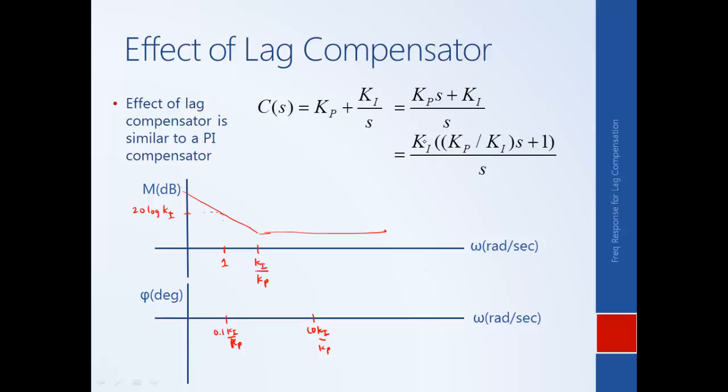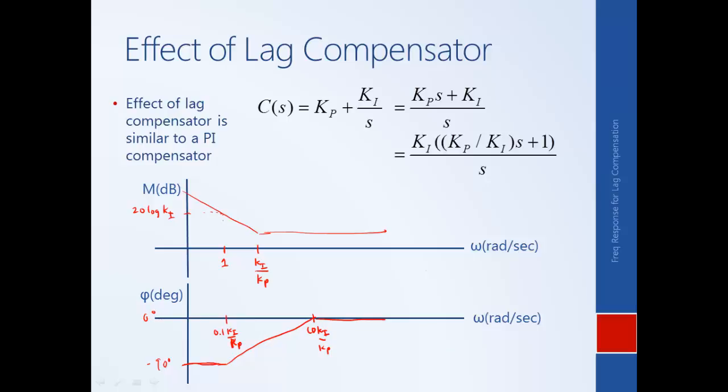The gain always has a phase of 0 degrees, and the integrator always has a phase of minus 90 degrees. So it'll be 0 plus 0 plus minus 90 for a total of minus 90 degrees. It'll then start to change 1 decade before the 0 break frequency. It'll start to go up, and it'll finish going up 1 decade after the 0 break frequency at 0 degrees.